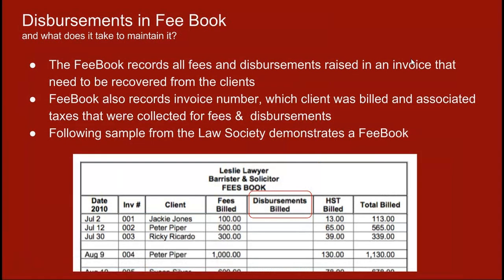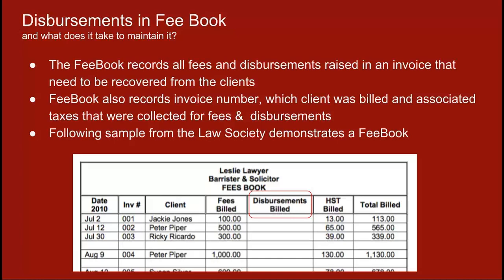Okay, and then we're looking at the fee book. Obviously, the fee book records all the fees, including the disbursements raised in an invoice that needs to be recovered from the client. So this is an important document as well to be kept in mind as you generate them, regardless of how you do it. The fee book, importantly, obviously records the invoice number.